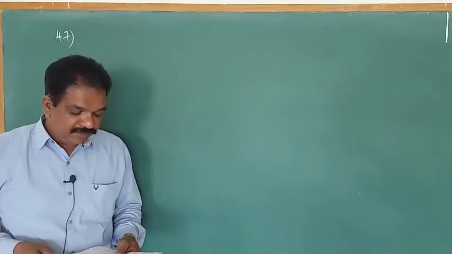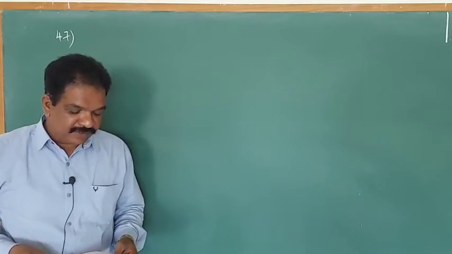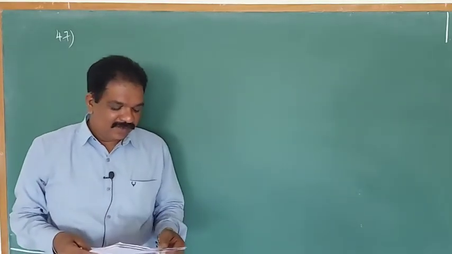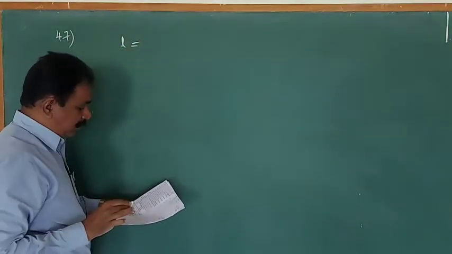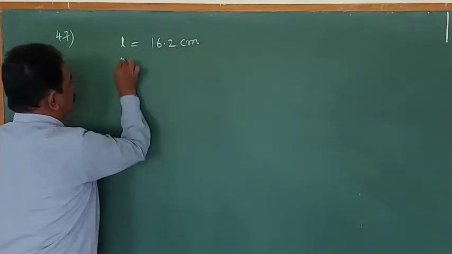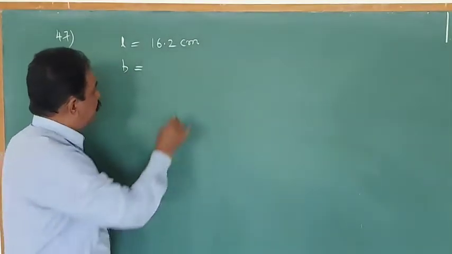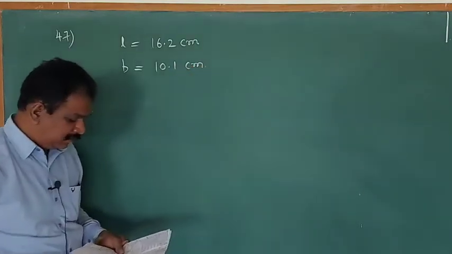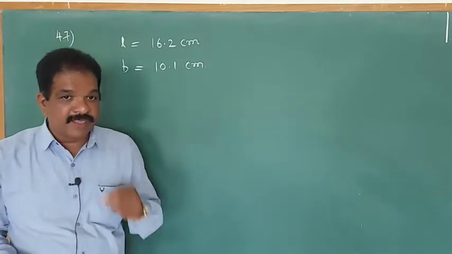The area of the sheet in approximated significant figures. Okay, simple to find the answer. See, length value is having how many significant figures? 16.2 centimeter. Breadth value, how much they gave? 10.1 centimeter. So they are asking, find the area considering the significant figures.